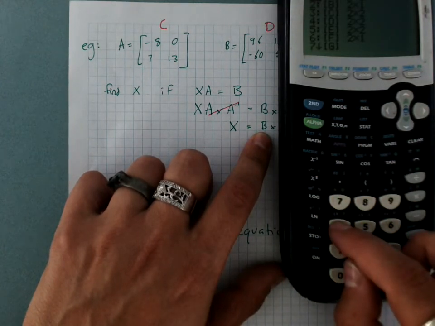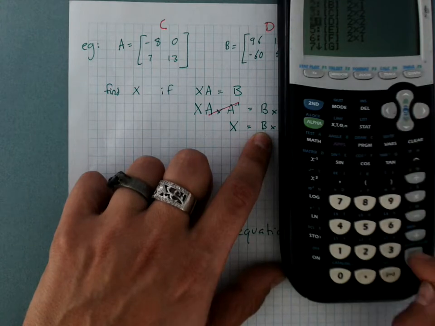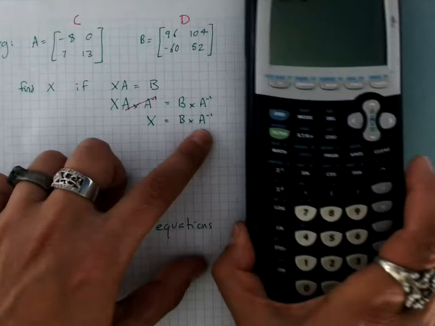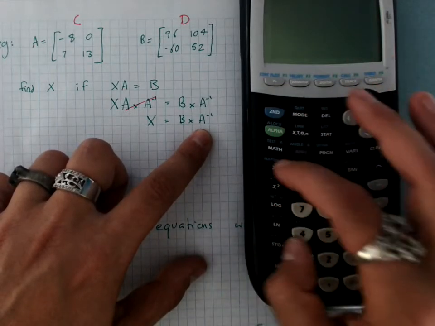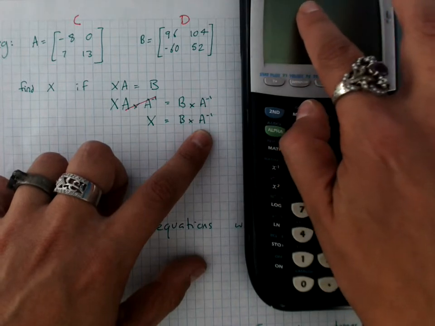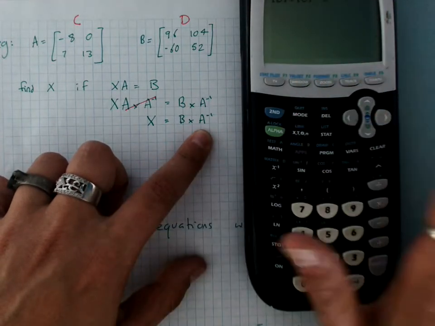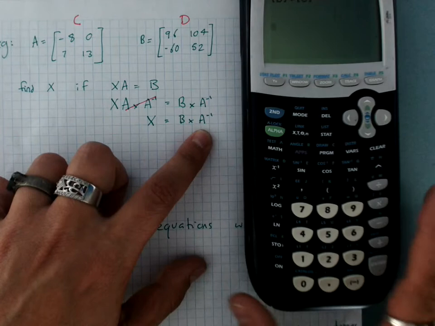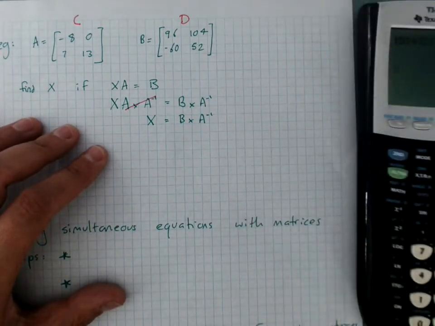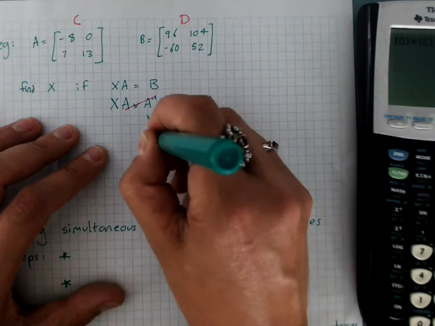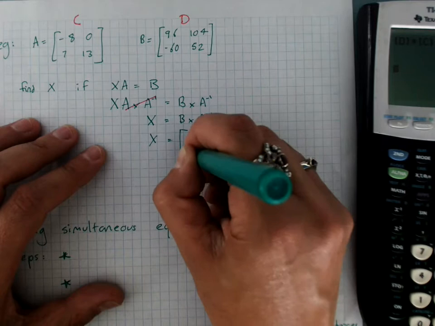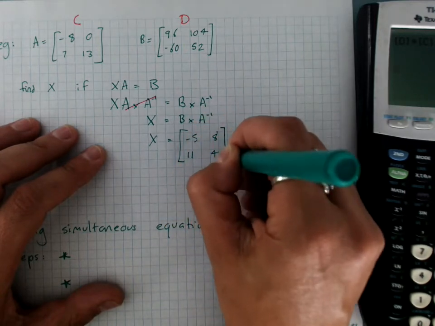Select the matrix that you entered in as B times inverse A. I put it in as C, but if that's going to confuse people, remember you've got to get C and make it inverse. If it would confuse you, delete your other matrices and enter it in. Get your answer matrix. And we're done.